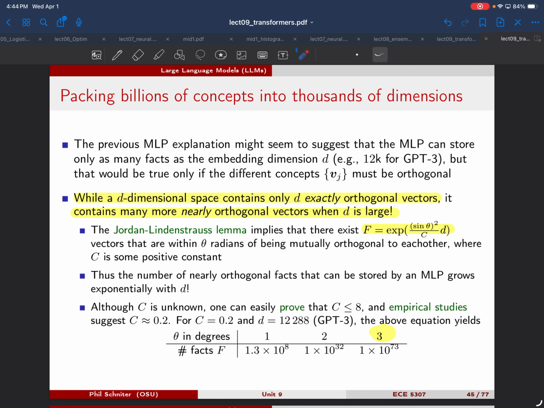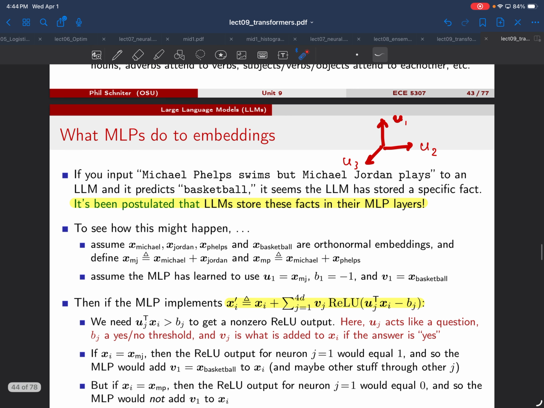Okay. Yeah. So they're all distinct from each other. When we talked about 3 dimensions, you have 90 degrees, 90 degrees, 90 degrees, so they're all mutually orthogonal. In 3 dimensions, if I allow 89 degrees, I can't fit in another vector.